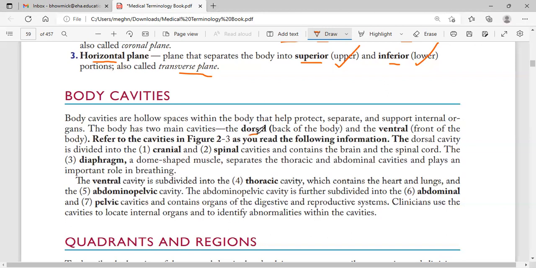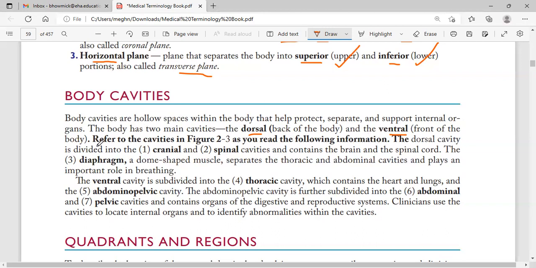One is called the dorsal cavity, meaning the back of the body, and the other is ventral, the front of the body. Refer to the cavities in figure 2.3 as you read the following information.